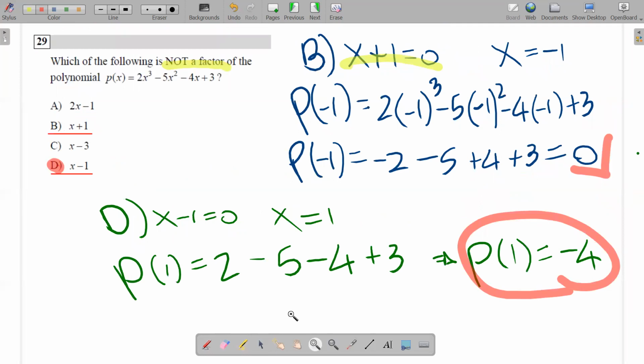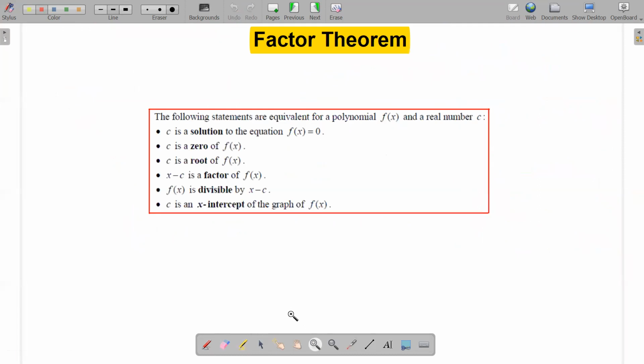I hope all of this is clear, because now we need to add a layer regarding the factor theorem. So far, we have solved all questions where the theorem was applied because the question was asking about remainder theorems or factor theorems. But there are sometimes other questions that are not asking us that right away.